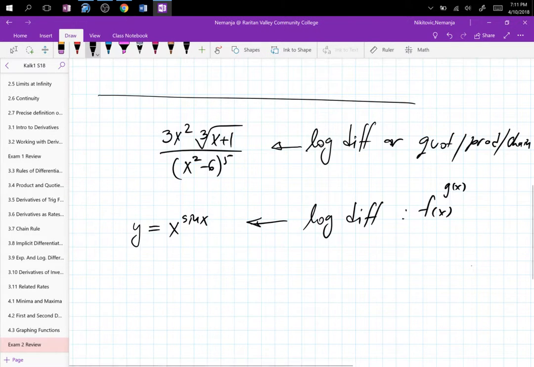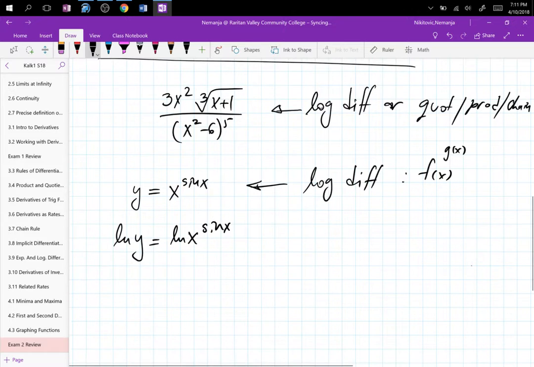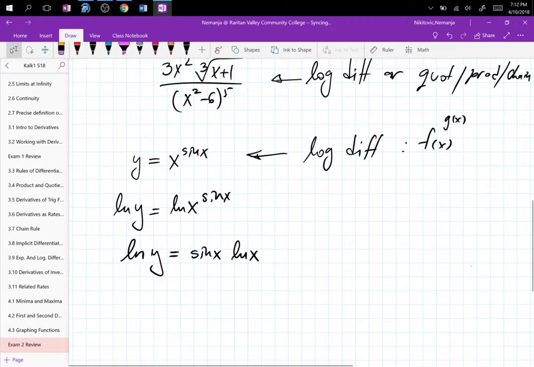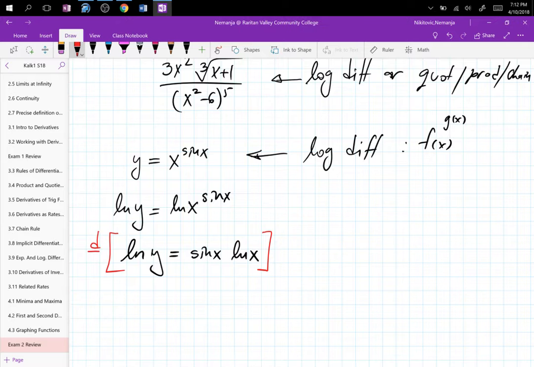The way you do it, you set equal to y, then you ln both sides, and then you use the rule which will kick this sine x in front. So you have ln y, and then you have sine x ln x. And that's d dx then.